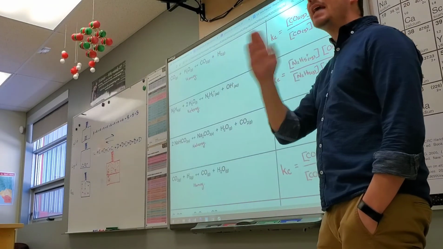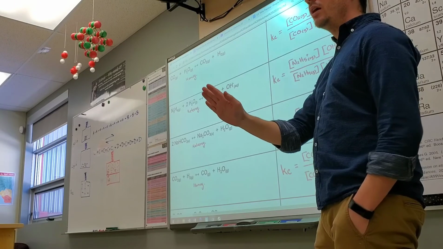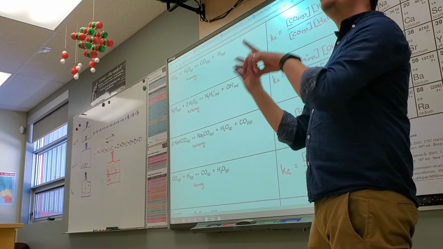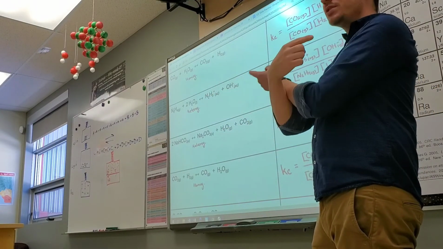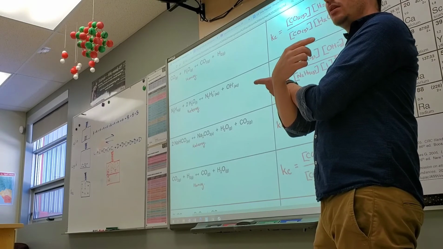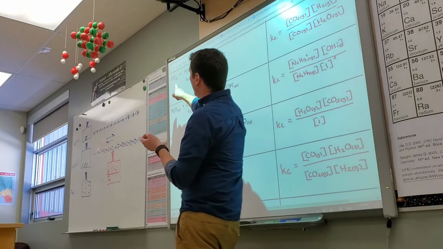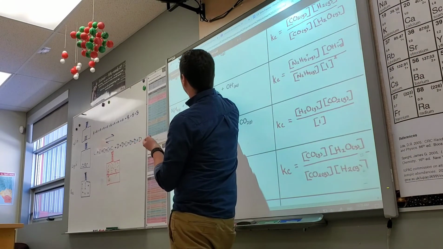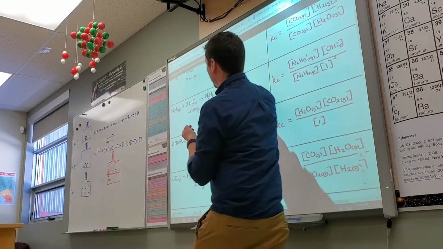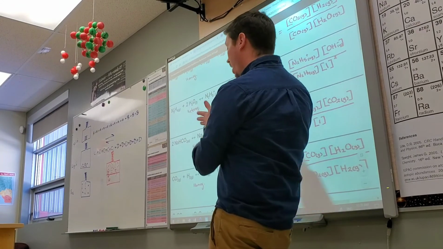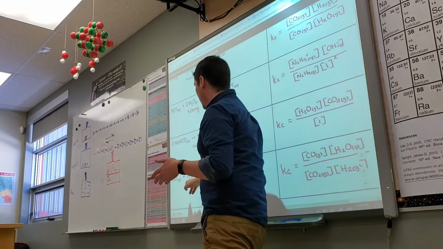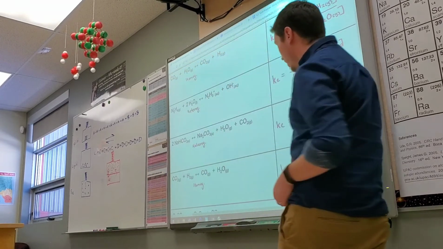They're the exact same reaction. It's just that we're expressing it in a reverse way, right? Would you agree? Carbon monoxide plus water turning into carbon dioxide and hydrogen gas is the exact opposite of carbon dioxide and hydrogen gas making carbon monoxide and water, right?